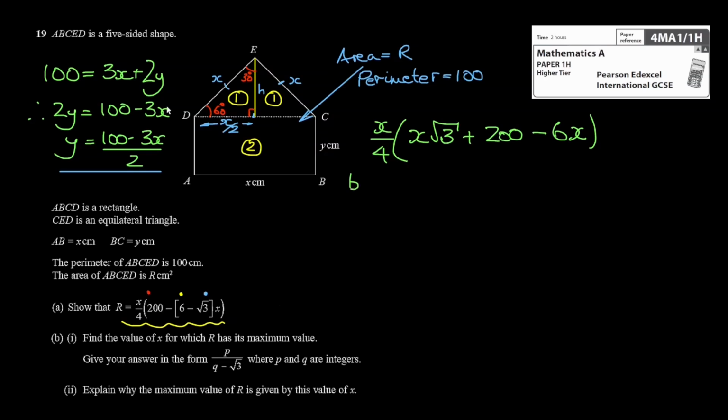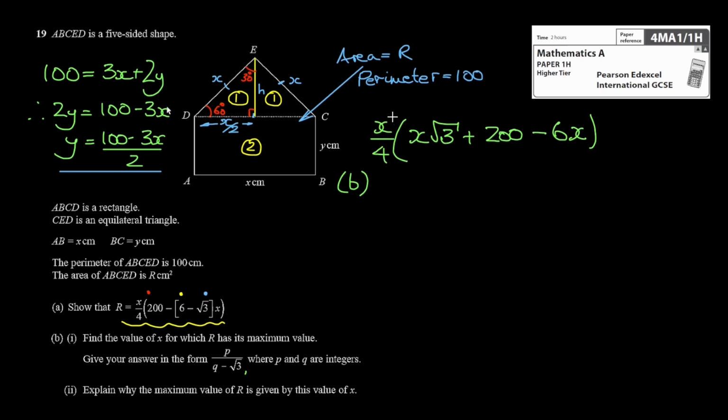So for part B, I've cleared the decks, and we're asked to find a value of x for which R is a maximum. Give your answer in the form of this, where p and q are integers. Okay, well, to find out where this expression is a maximum, we will have to differentiate and then set that differential result, that gradient function as it is, to 0.